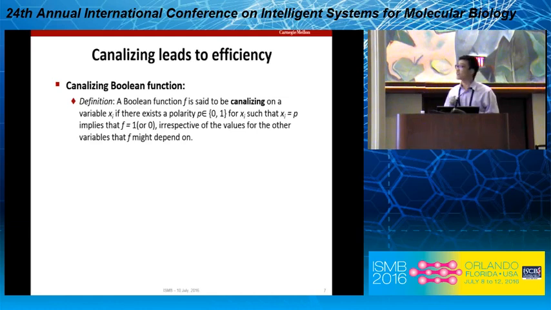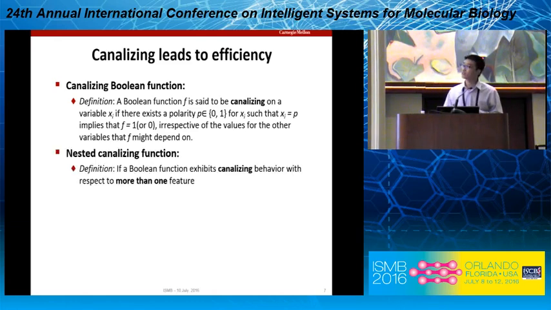Canalizing feature is the second concept I want to introduce. That's the definition of canalizing. A function is canalizing with a variable if a value of the variable, like 0 or 1 in Boolean, can directly determine the full function. If more than one variable has this feature, we call it a nested canalizing function.